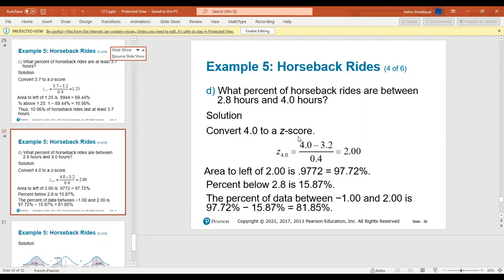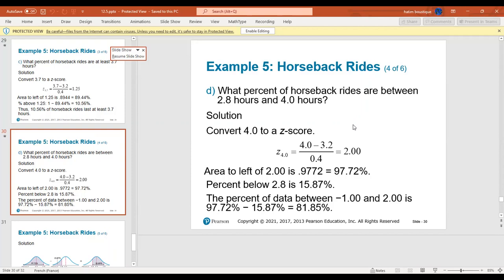Well, now the last situation: what happens if I would like to know the percentage, the proportion, the probability of, let's say, the times of horse rides between 2.8 hours and 4.0 hours? So how are we going to do this? In the last two situations, we had either less than or greater than. This time we have between.